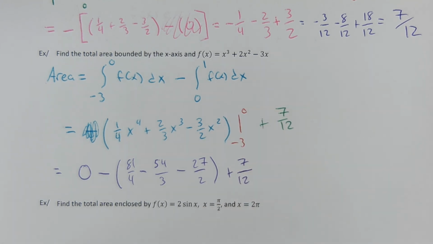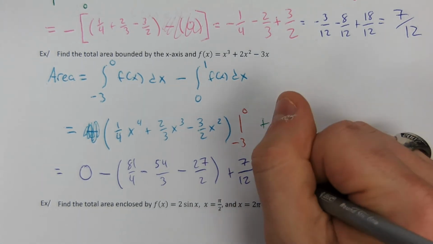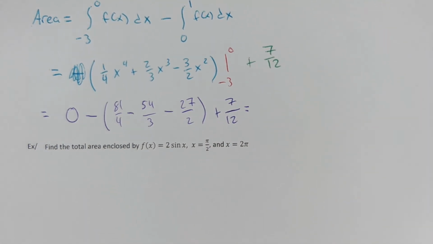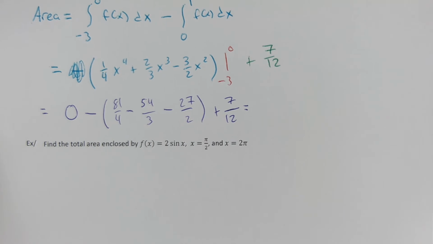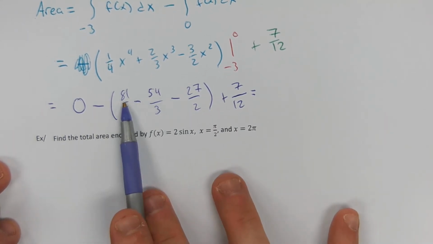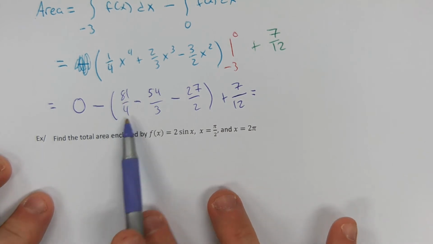Who likes fractions? Decimals. Monster. I don't know what 7/12 is as a decimal. Once again, the common denominator is going to be a 12. So that's going to be horrific. That's going to be 243/12.